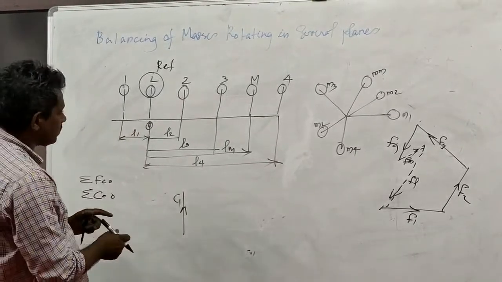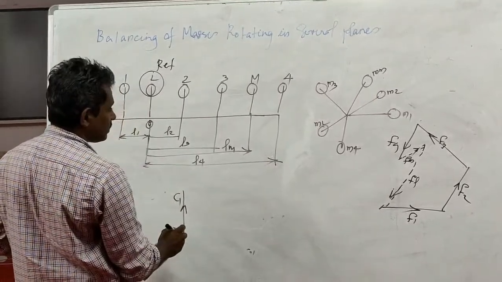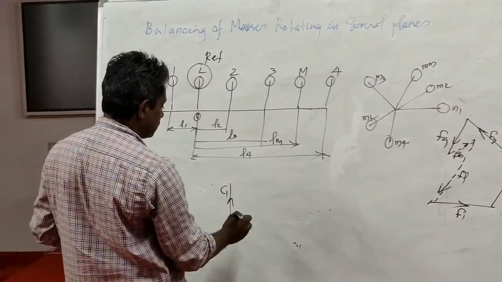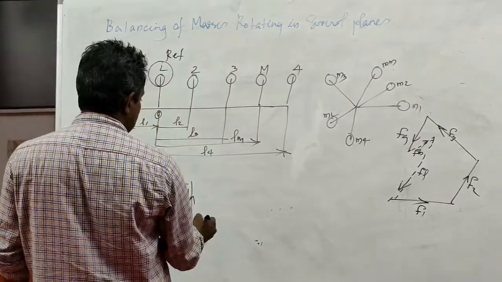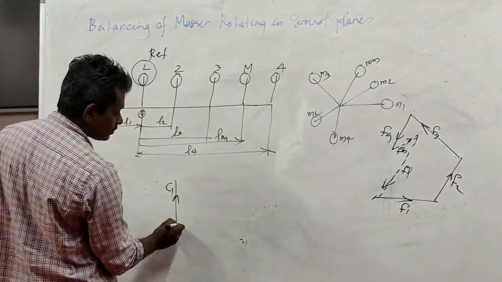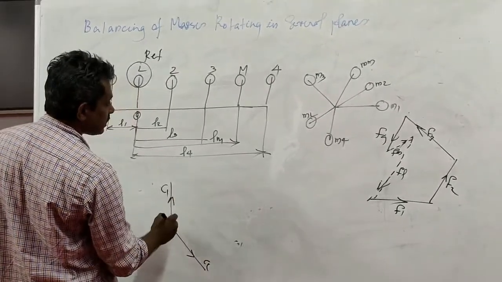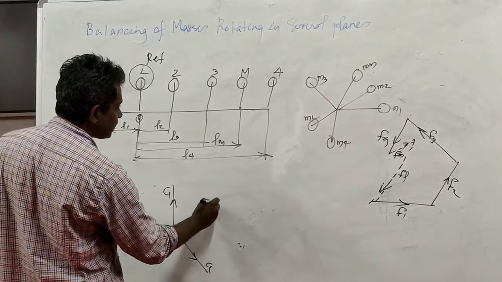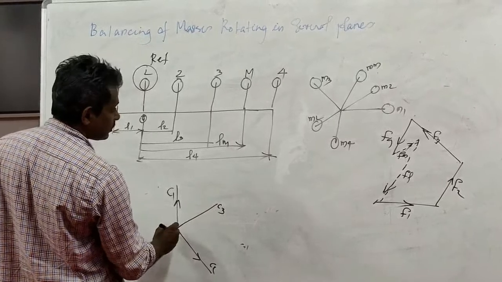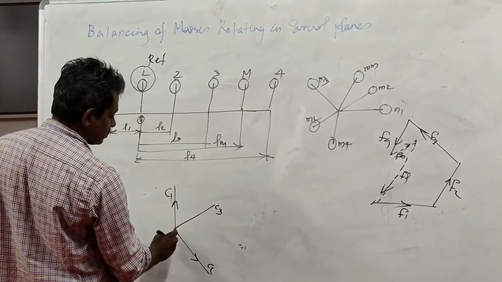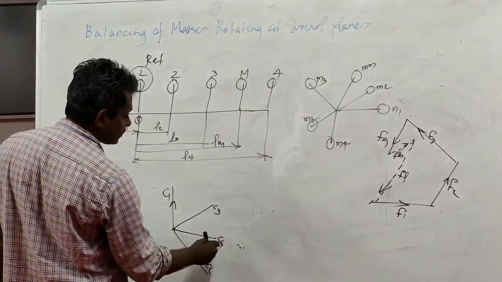And C2, the second couple, if you find it out, you can see that it will be something like this. And C3, it will be something like this. And C4, it will be something like this.